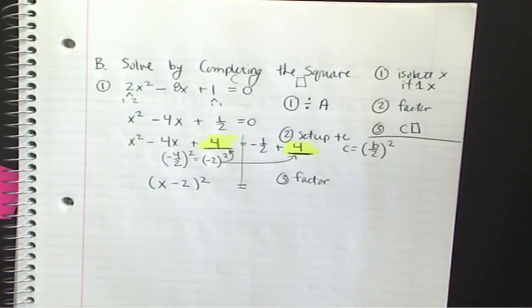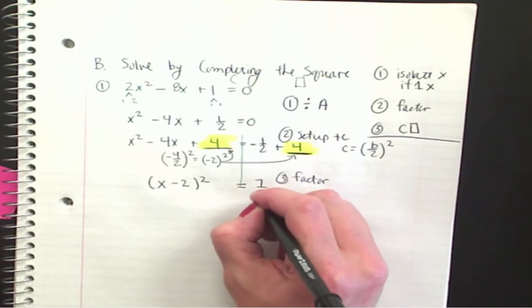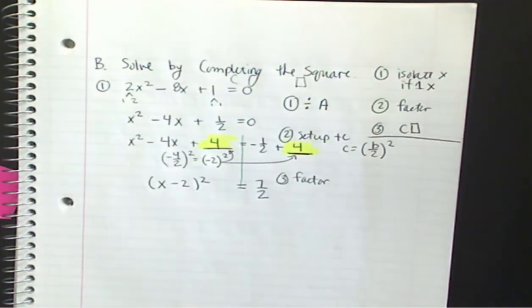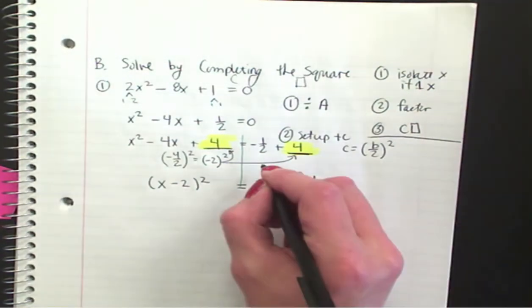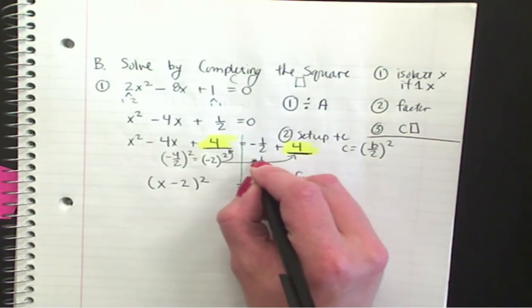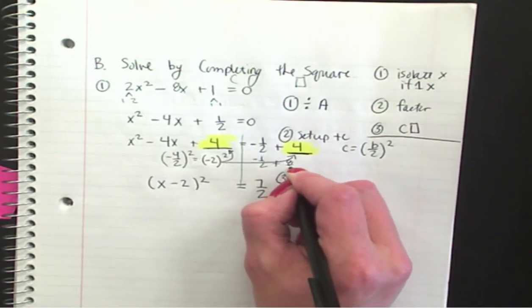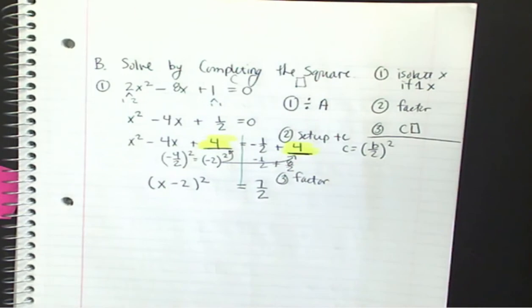Improper fractions. 7 over 2. Yes. Okay, so just a little arithmetic, right? It was 1/2 plus 8 over 2, so that was 7 over 2.